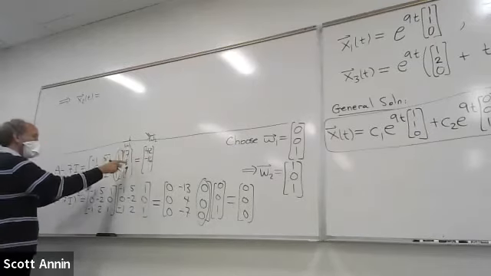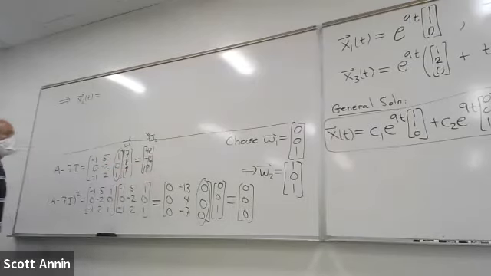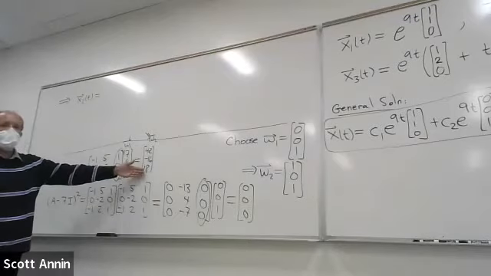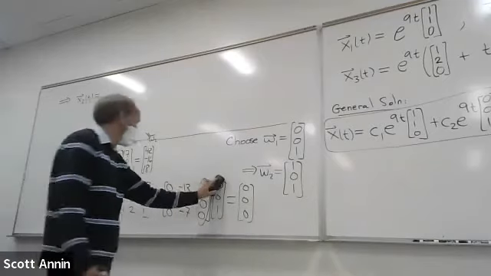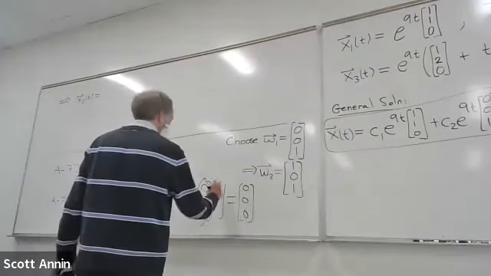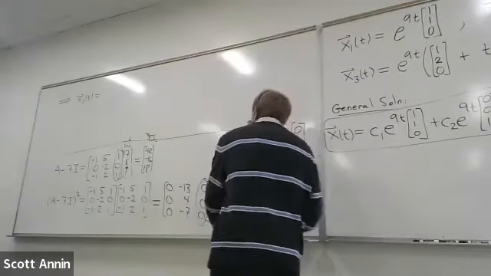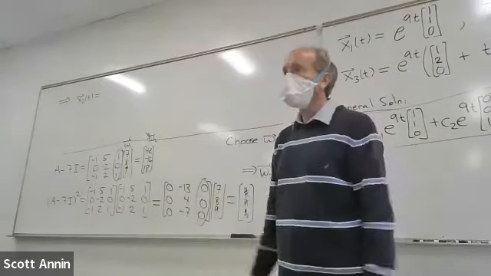And -7 plus 16 plus 9 is 18. So if you chose this for W1, then this would be W2. But it doesn't work, does it? You put 7, 8, 9 down here, it doesn't work because you get numbers here, you don't get zeros. So that didn't work.